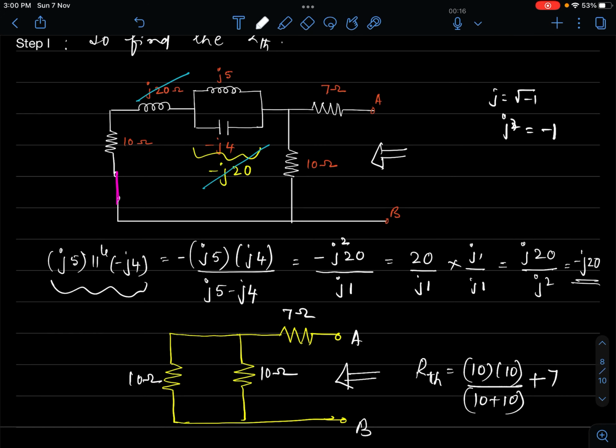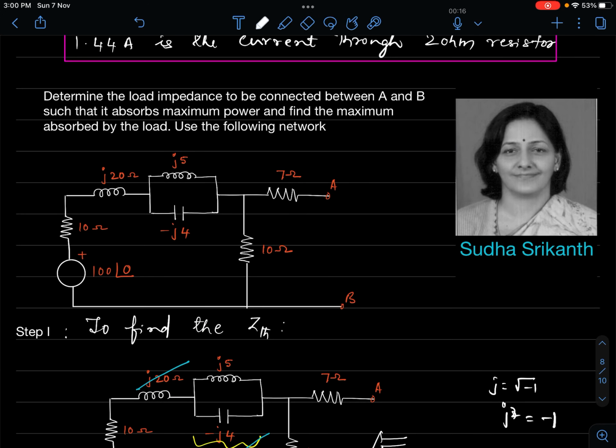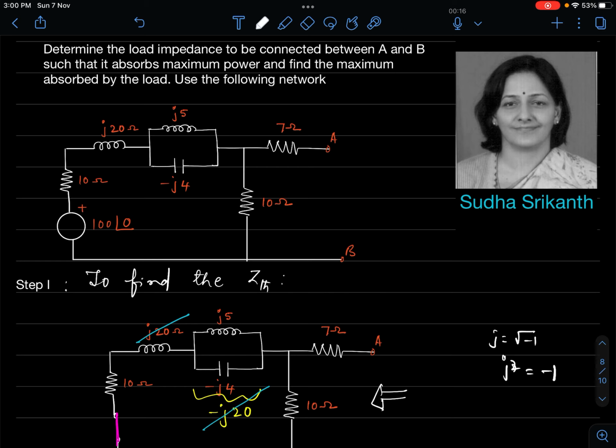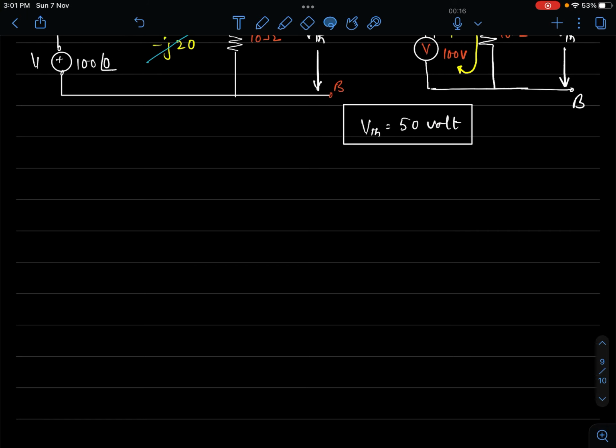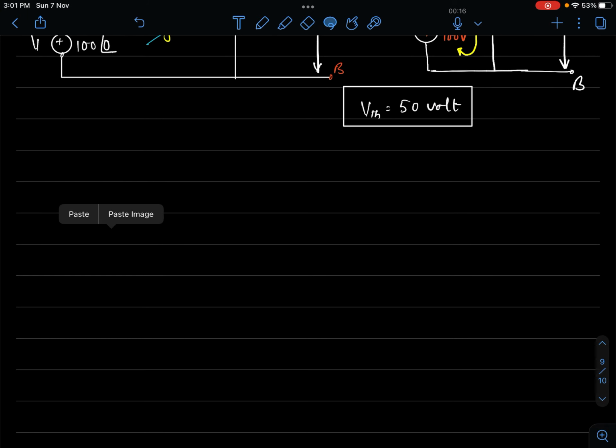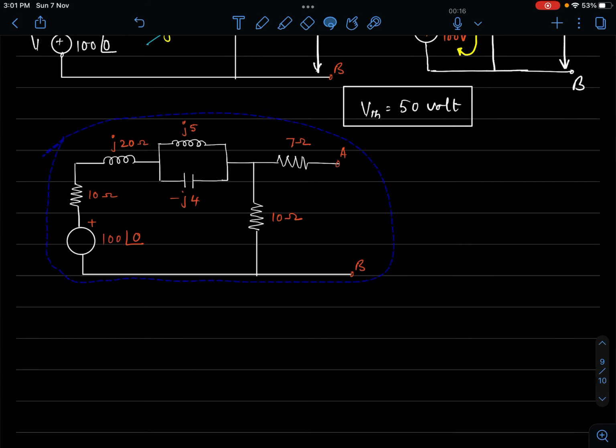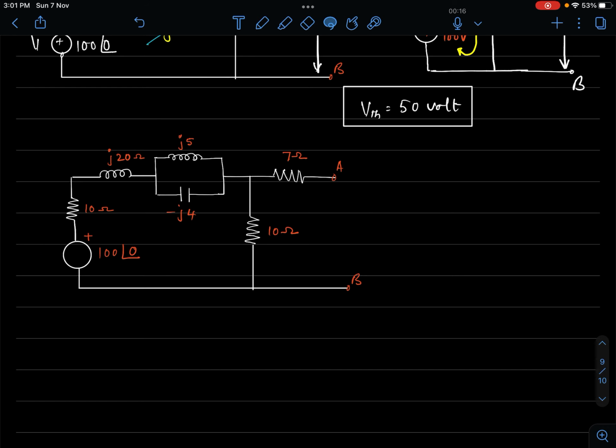So what is it we are trying to now infer? The given network, the main network only, I will copy the original network and put it a little farther. Now this network reduces to a Thevenin source. What is a Thevenin source?